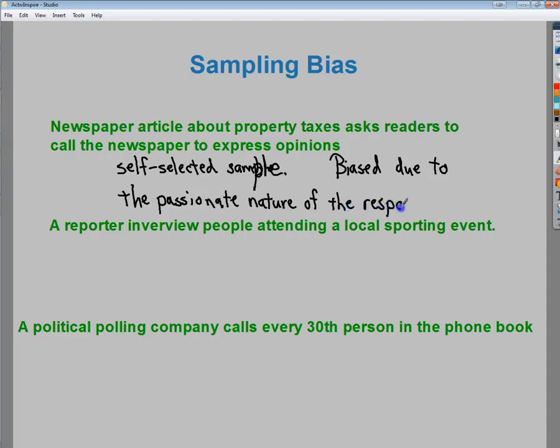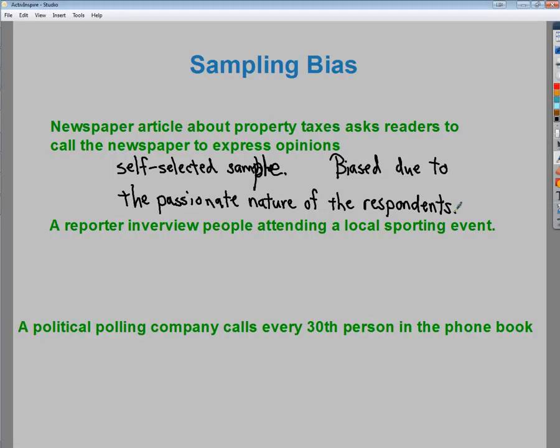Only people who care about it deeply are going to call in. It's like radio shows with call-ins. They usually have to have reasonably large groups of people listening to them because, like, for every 15 or 20 people or something, you may get one caller. So it's one of those things about it. This is a self-selected sample. Self-selected samples are generally biased.